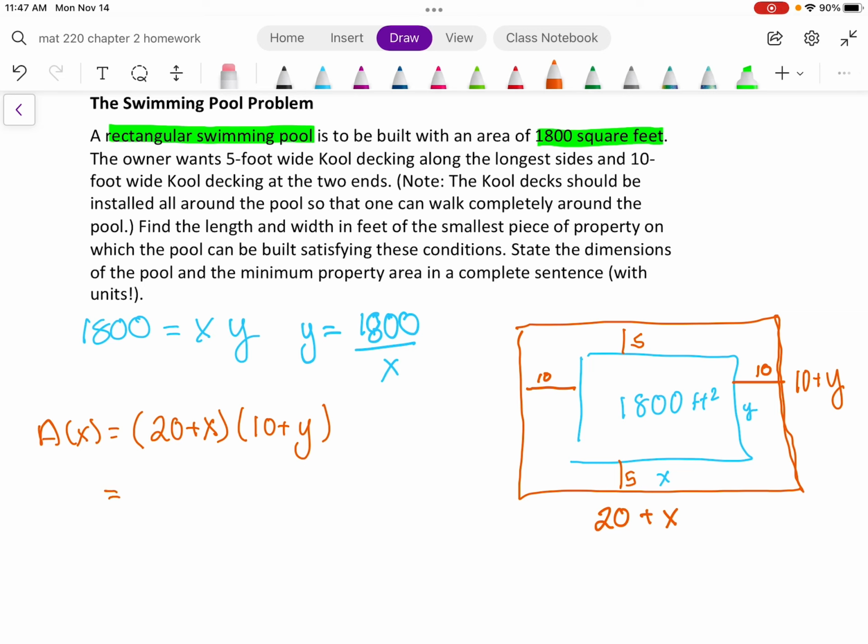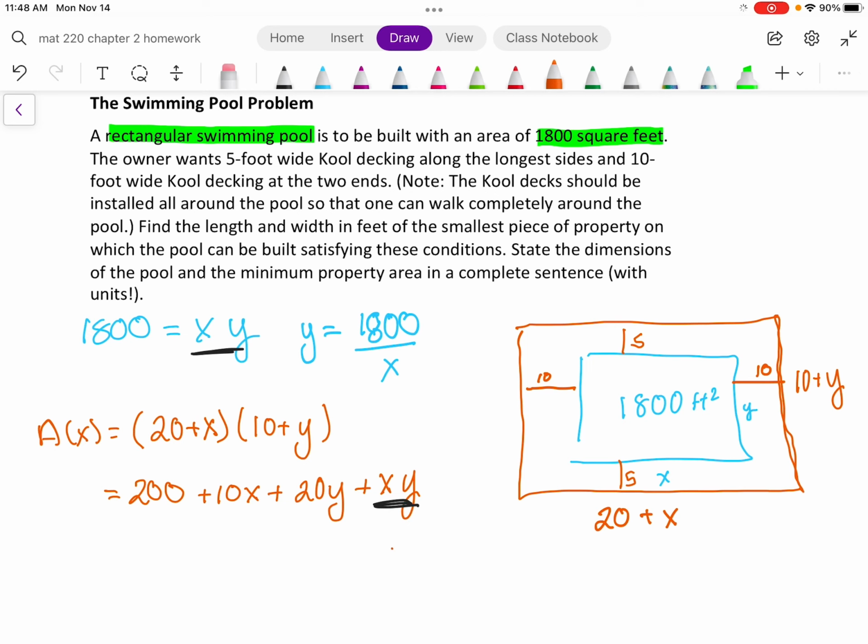Because if I distribute first, I get 200 plus 10x plus 20y plus xy. Here's why I waited to distribute. I have an xy here, and that's equal to 1,800, so I'm going to plug 1,800 right in for that.